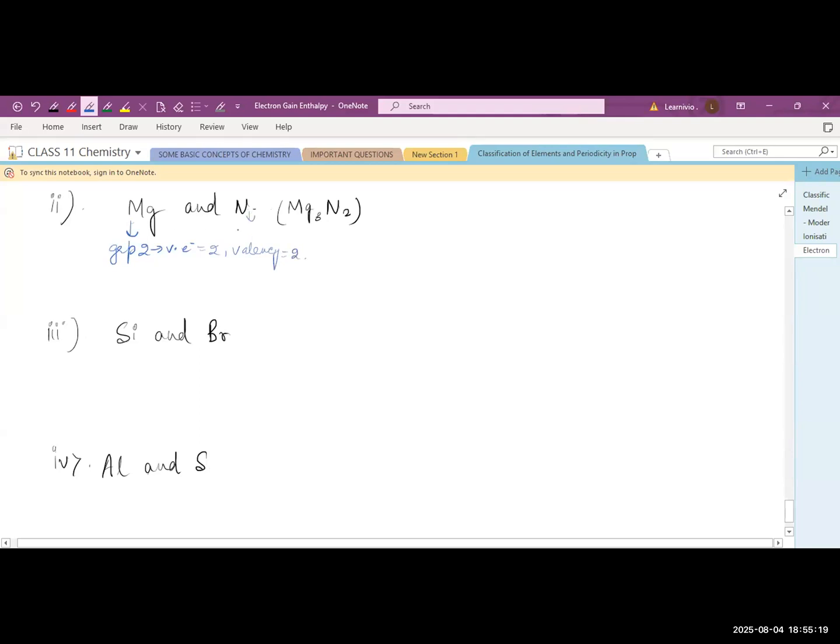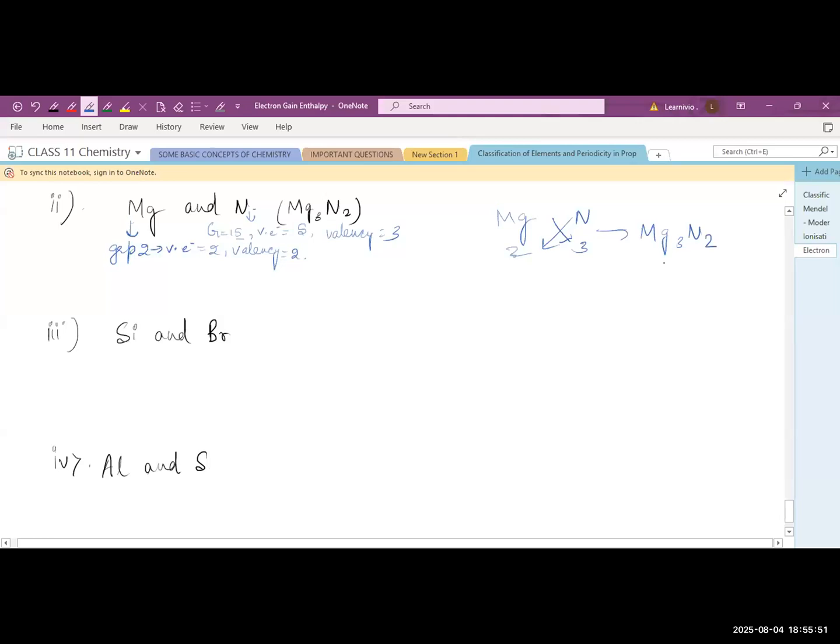Now nitrogen belongs to group number 15, so the valence electron is 5, and the valency is 8 minus 5, which is 3. Write down magnesium and nitrogen with the valency for each. It's 2 and 3. Now just cross multiply. It's Mg3N2, magnesium nitride.